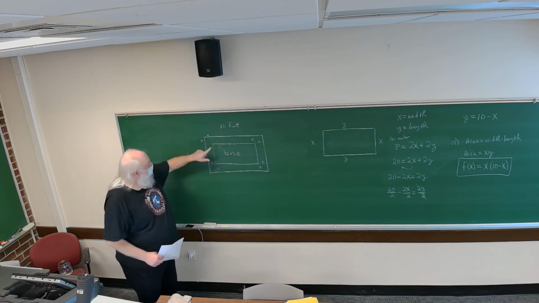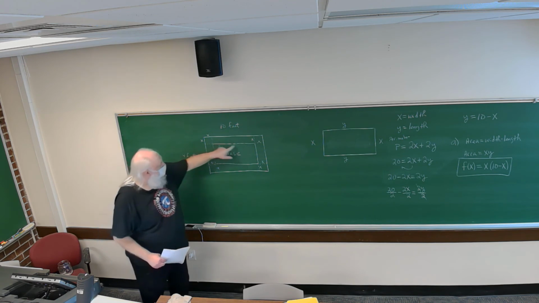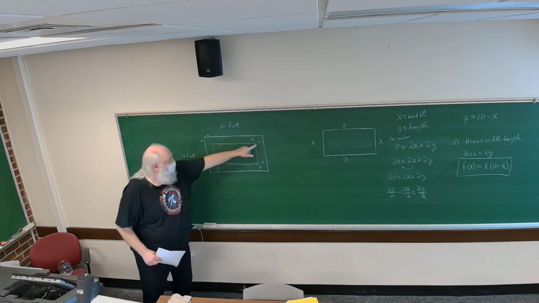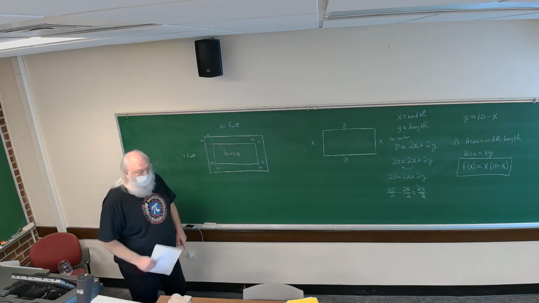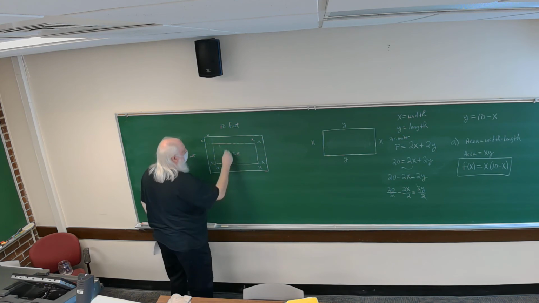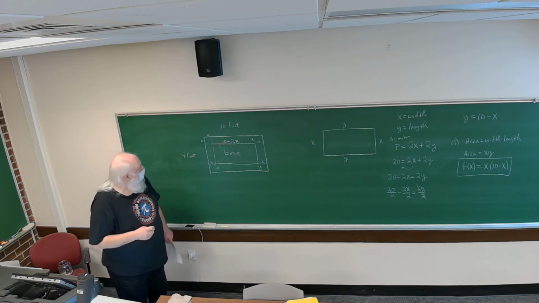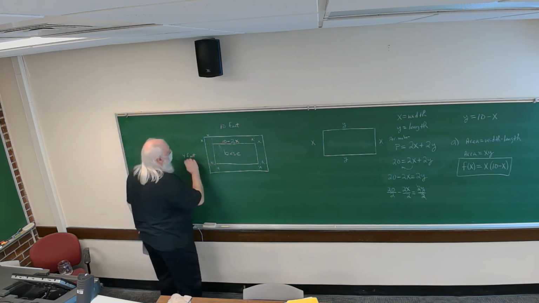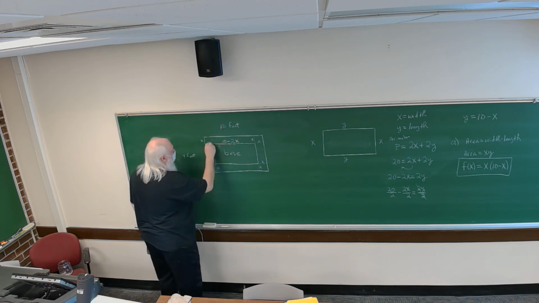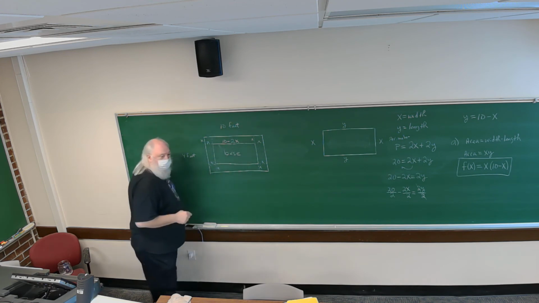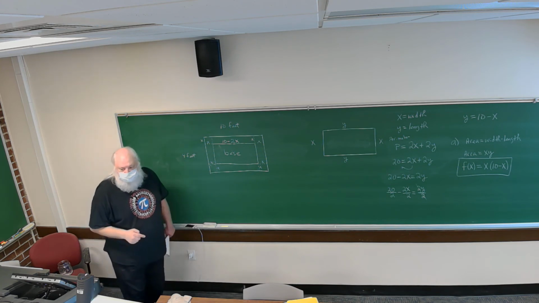So when we cut out this square of x feet on each end, we remove 2x feet from the length. So the length of the base is 10 feet minus 2 times x. And so you see x plus 10 minus 2x plus x equals the total length of the original piece of cardboard, 10 feet.